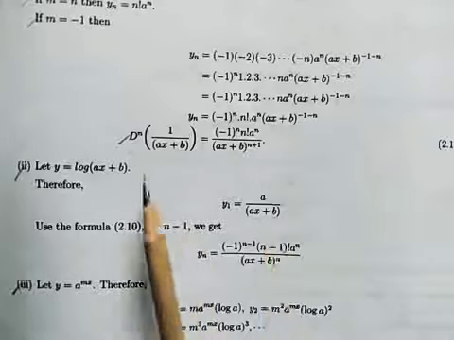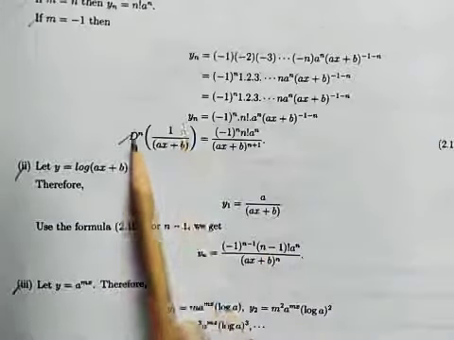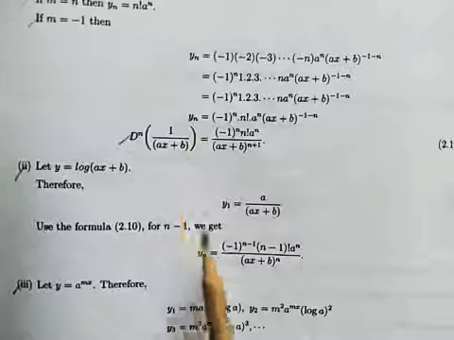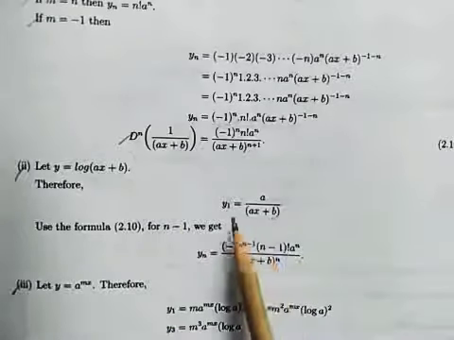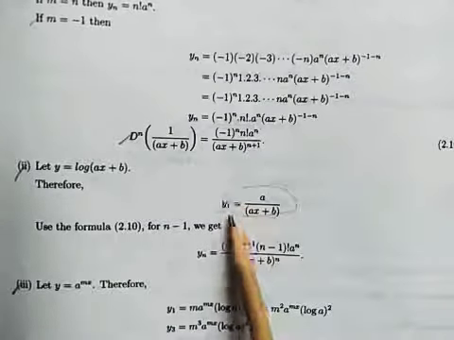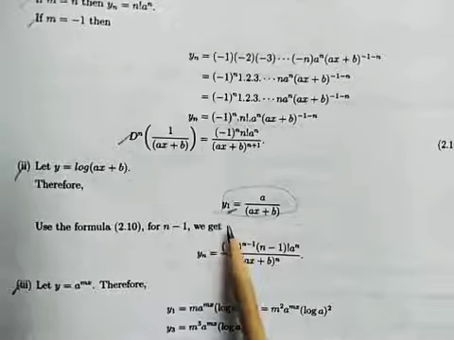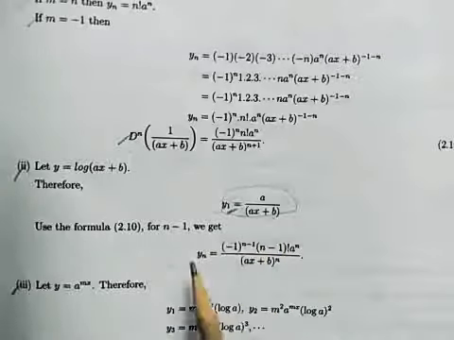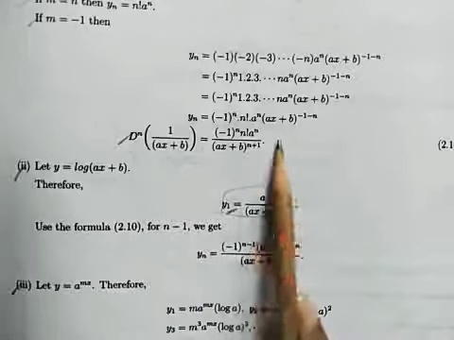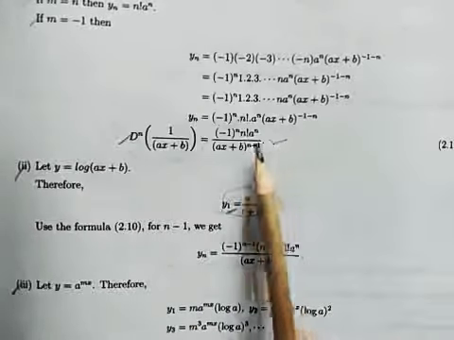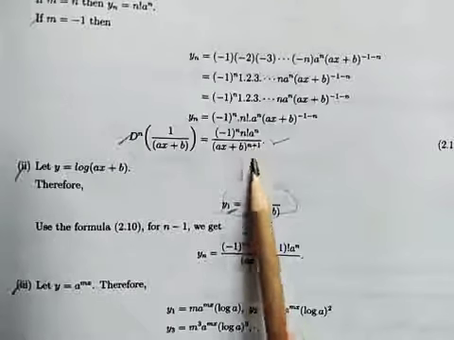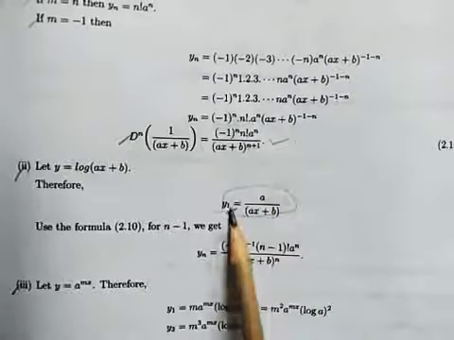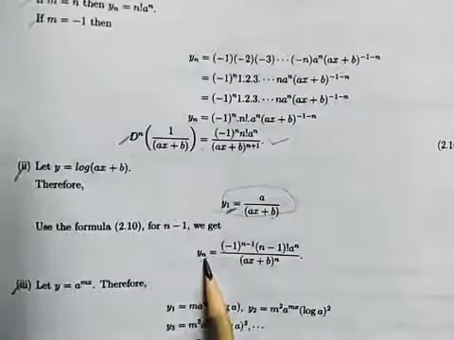From this we know the nth derivative of 1 upon (ax + b). One derivative is already there, so we will take the (n-1)th derivative of this, then we get the nth derivative.